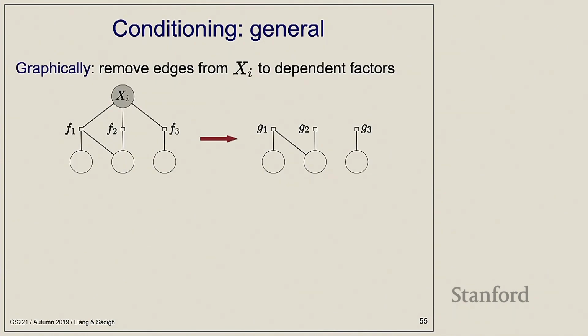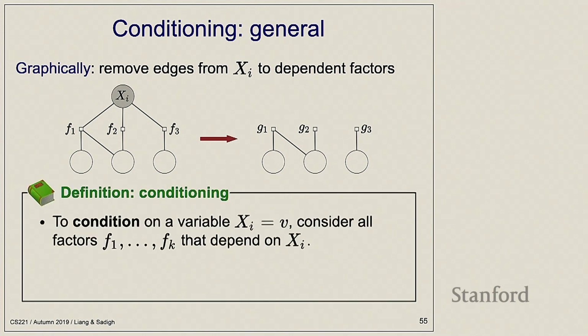To move on, graphically, in general, if you have a variable that you want to condition, you rip it out of the graph, and then everything that touches it turns into some kind of a stub with the value preloaded in there. This is just a picture of the same idea.